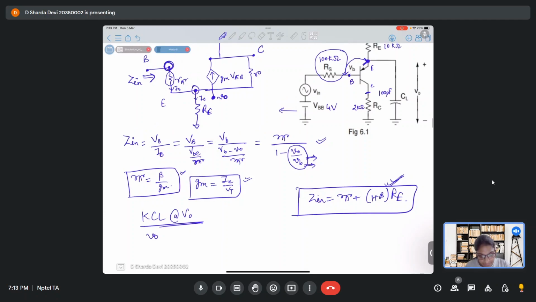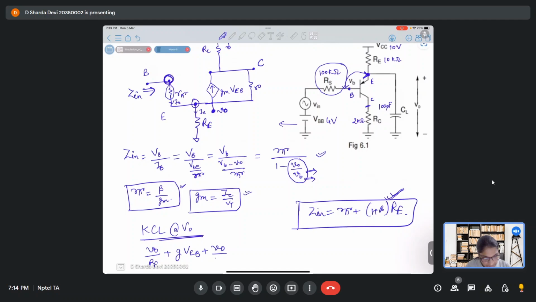So when I'm writing KCL at V naught, it will be V naught by Re plus GMVBE plus V naught minus VC by R naught.